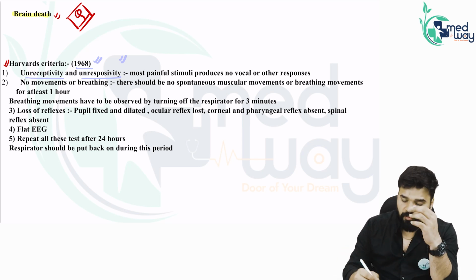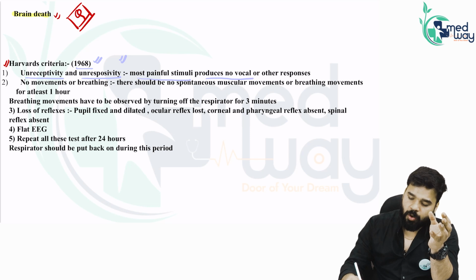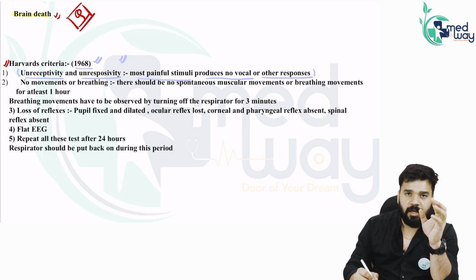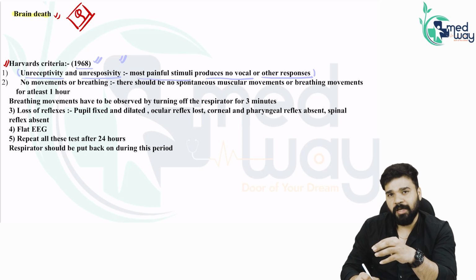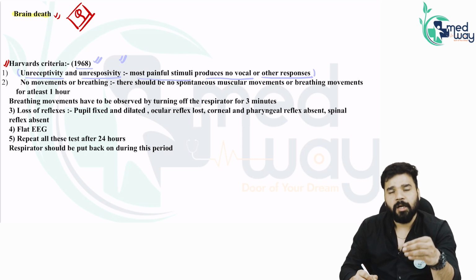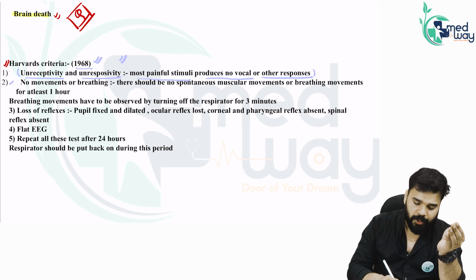Even with the most painful stimuli, the person produces no vocal or other responses. If there is unreceptivity and unresponsivity, we will consider it as one of the points of brain death according to Harvard's criteria.